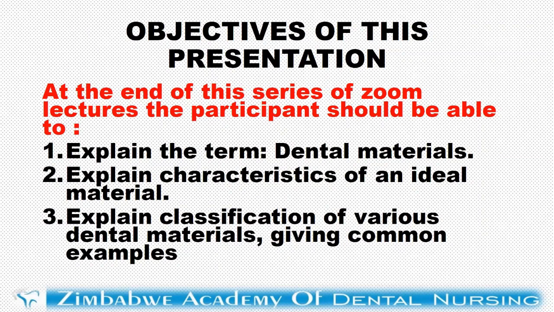Number 2, we must be able to explain properties or characteristics of a good dental material. And number 3, we should be able to classify various dental materials and at the same time give common examples of the materials that we use in the surgery.